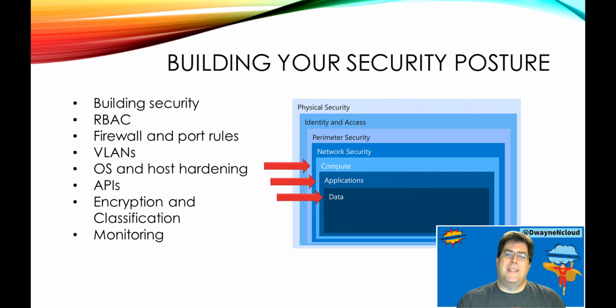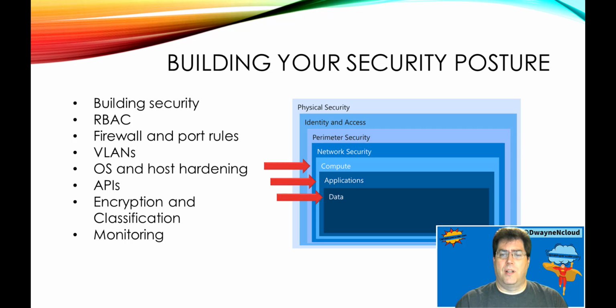As I was saying, we're kind of moving into our defense in depth security posture a little bit deeper than the security aspects that we've talked about throughout this series, where we've been talking a lot about perimeter and network security.